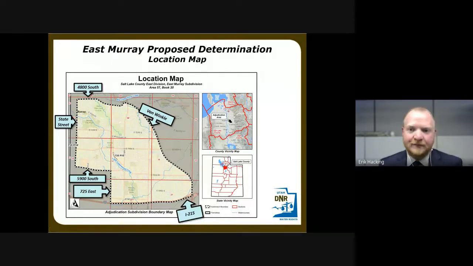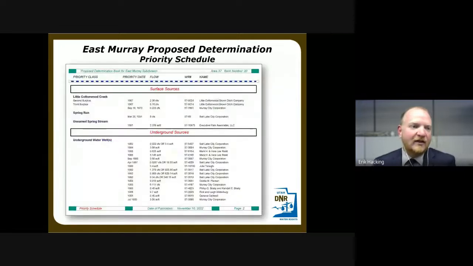All right. Next, let's talk about the priority schedule. So this is important in Utah because water is distributed based off of prior appropriation, which means if shortages were to happen, the priority date determines who would receive water first.